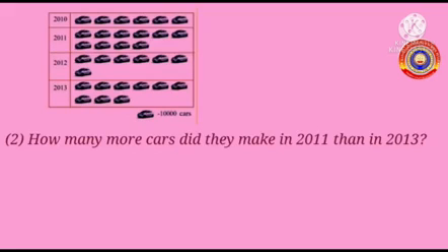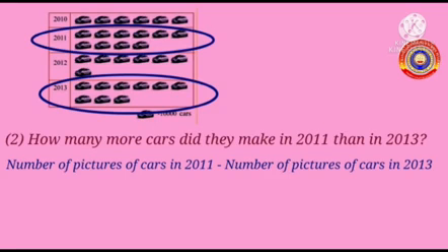Next question, how many more cars did they make in 2011 than in 2013? Here, to get the answer, we have to find the difference between them. That means the number of pictures of cars in 2011 minus the number of pictures of cars in 2013.